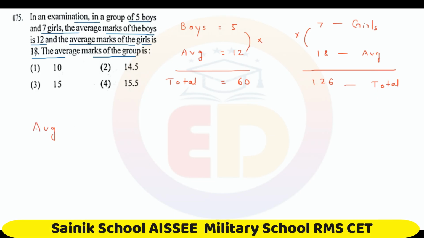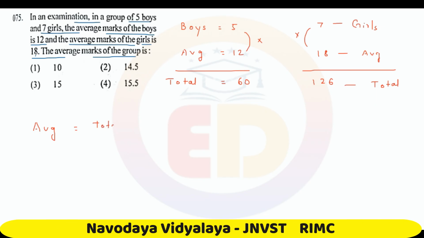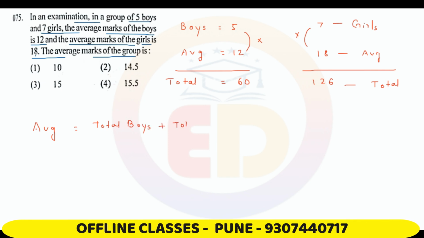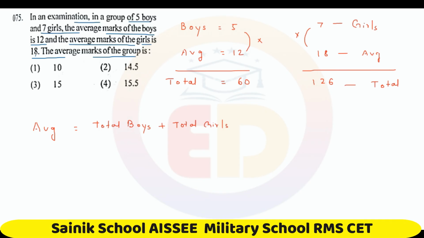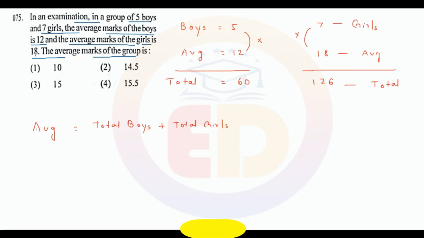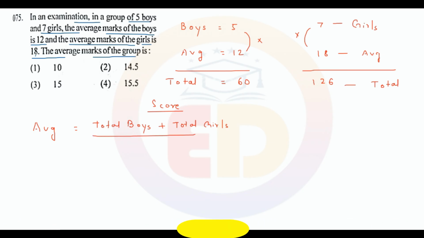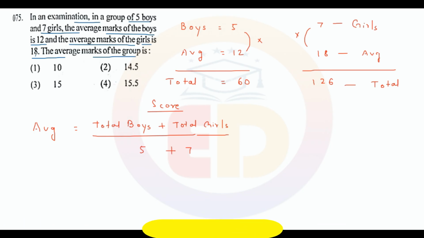Average of whole group is total of boys plus total of girls. When I say total of boys and total of girls, means we have to take the total score of boys and girls upon total number of boys, which is 5, and total number of girls, which is 7.